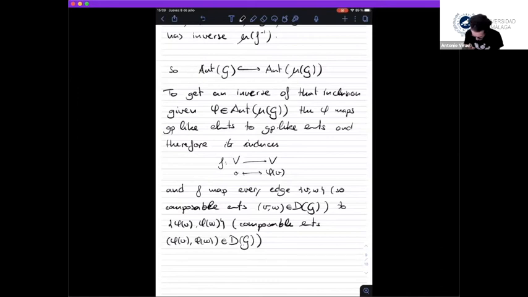So composable elements should be two composable elements that is an edge. So f is a graph morphism.